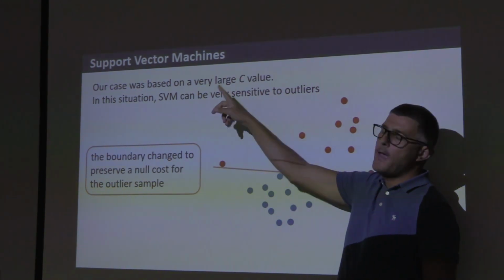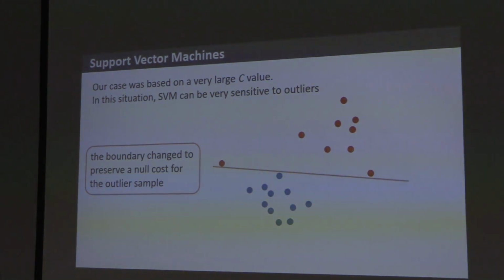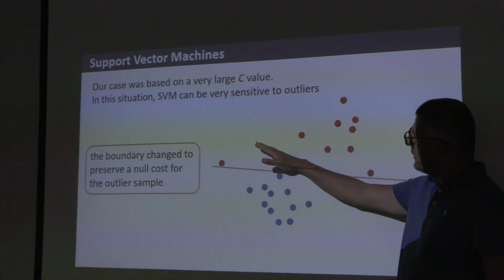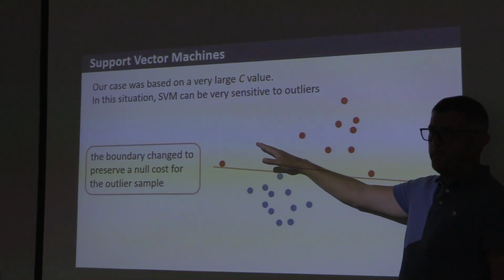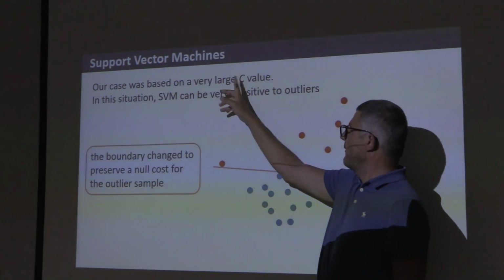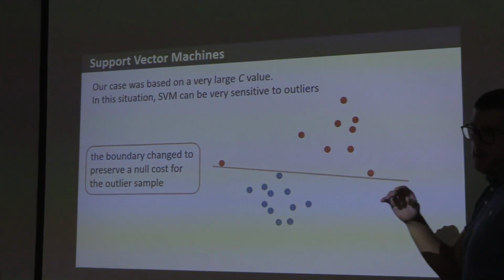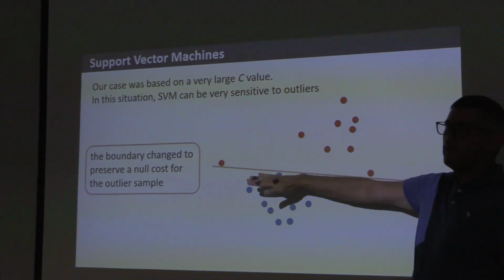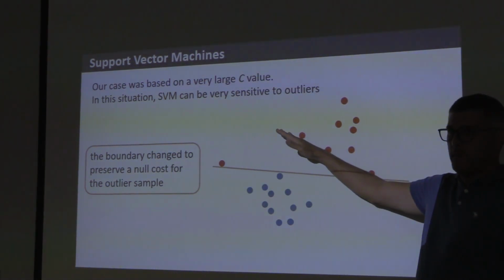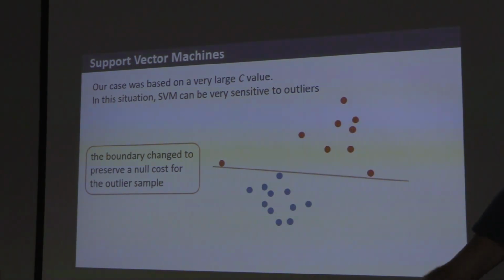If the cost value was lower, so we put less emphasis on the cost part in the optimization function, the threshold could change. So this parameter can really leverage how the support vector machine works. We will see later that the higher C is, the higher the possibility of overfitting is, for this reason.